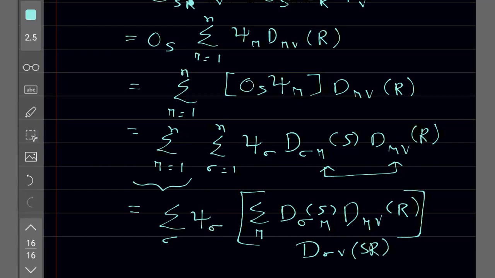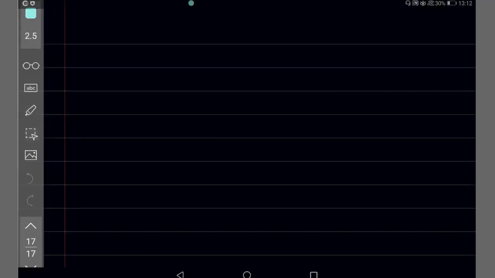Okay, now you make comparison. Now it's very easy. If you look at what we started with and what we ended with: we started with O_SR acting on psi of nu, and then we reached a point where we had such a relation.